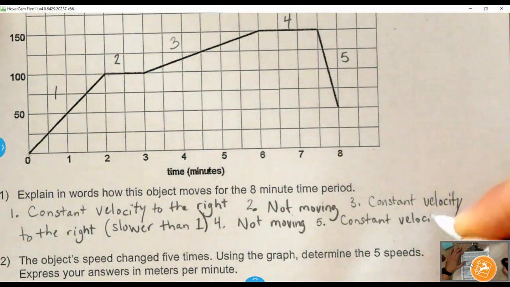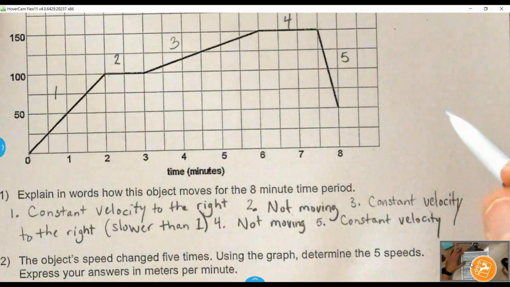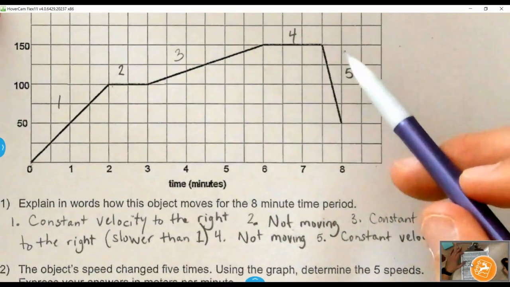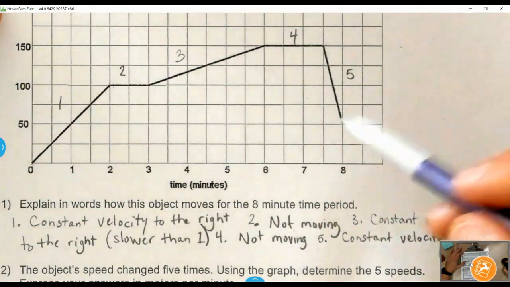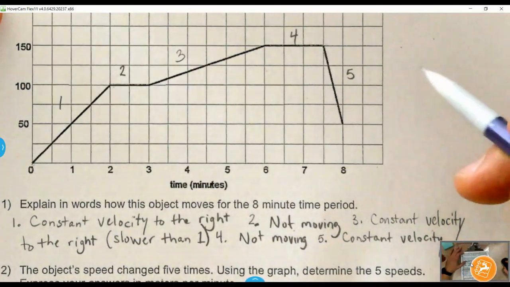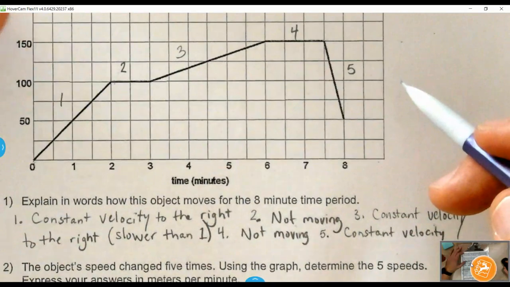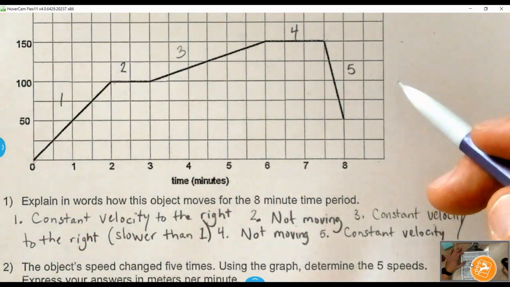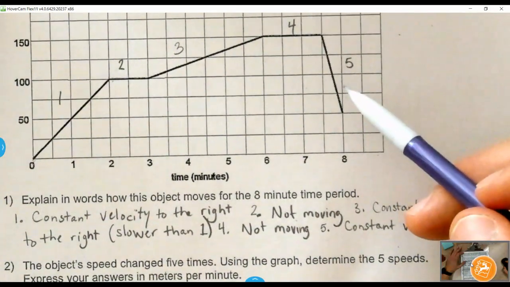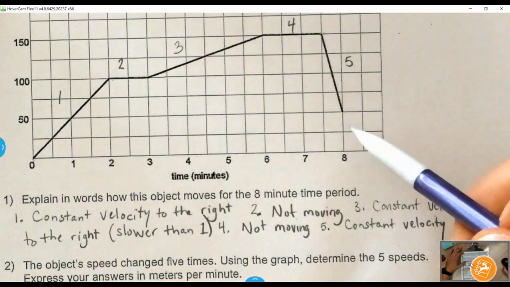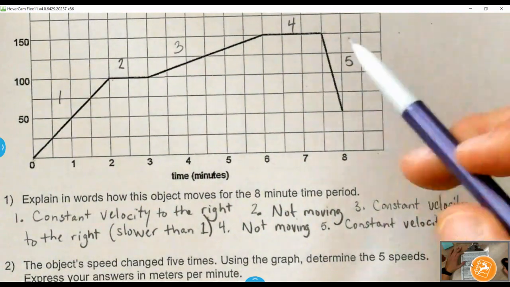Constant velocity. Would you say that's pretty slow or quick? Like, would you say 5 is slow or fast? Remember, the more flat it is, the slower it is. The more steep it is, the faster. So 5. Would you say 5 is steep or kind of more flat? Steep.